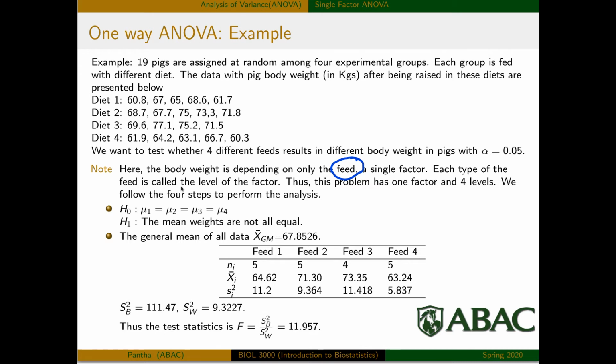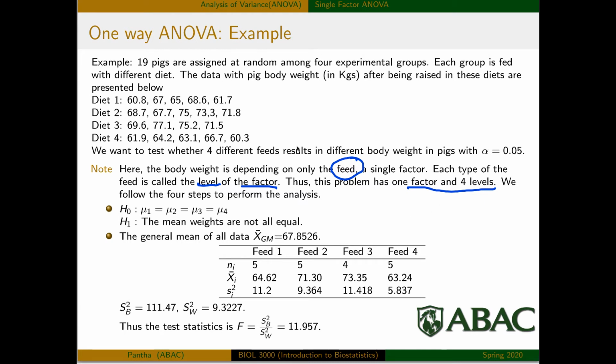Each type of feed is called a level of the factor. Thus this problem has one factor and 4 levels, that is 4 different groups or categories.